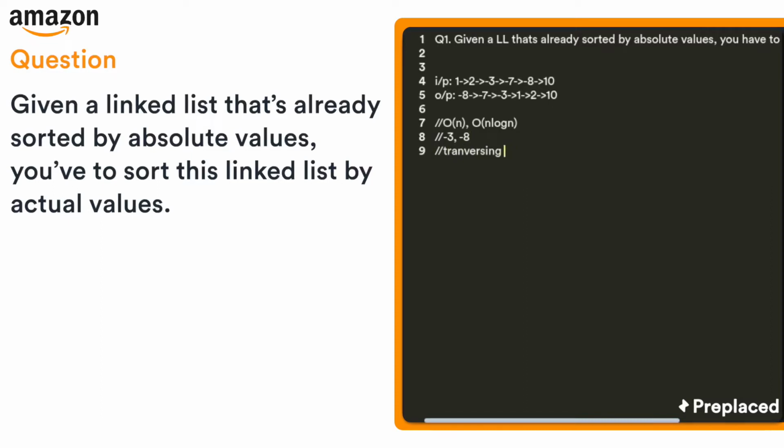Suppose I encounter a node, then I have to remove the node, and after that I have to put the node at the first position, at the head pointer. So basically it will be a linear approach, with constant space complexity.